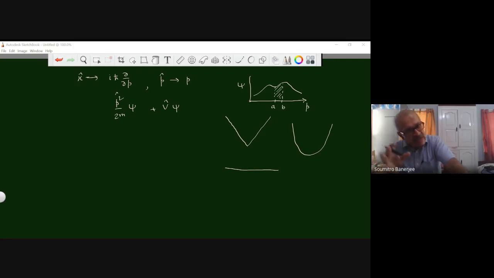So if they have the same eigenvectors, you can always define a new basis comprising those orthonormal eigenvectors. And if you define that, then both matrices will become diagonal. So two operators can be simultaneously diagonalized if they commute with each other.